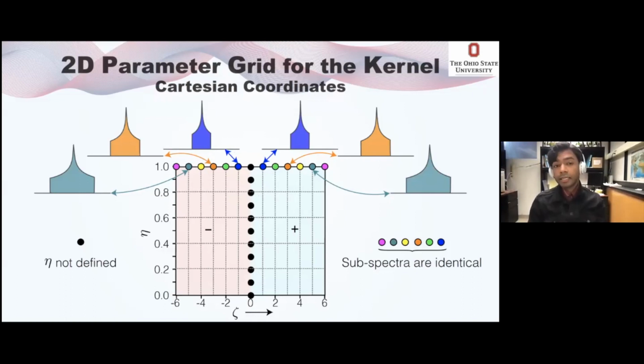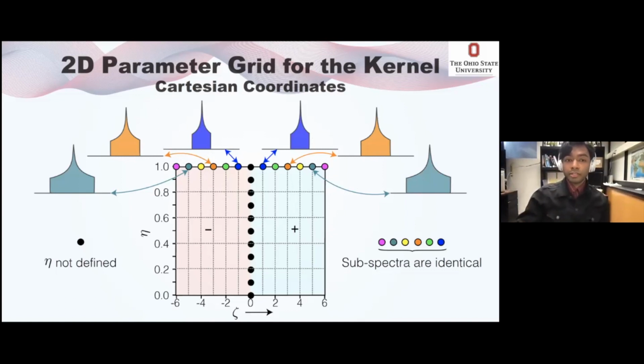And the second thing is when eta equals 1, the line on the top, and color-coded into pairs of identical circles are line shapes that are indistinguishable from each other. And that's also very well known. When eta goes to 1, you cannot distinguish the sign of zeta. Positive and negative zeta result in the same set of line shapes. So that is a problem when we want to construct a kernel.